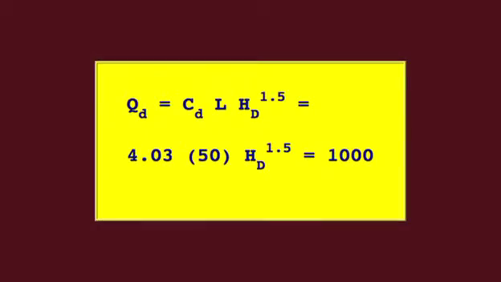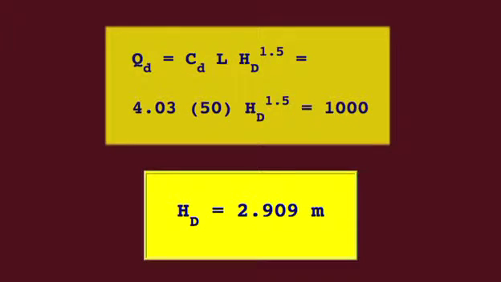The discharge Q is, solving for total head above the spillway crest. The approach velocity is the design discharge divided by the flow area.